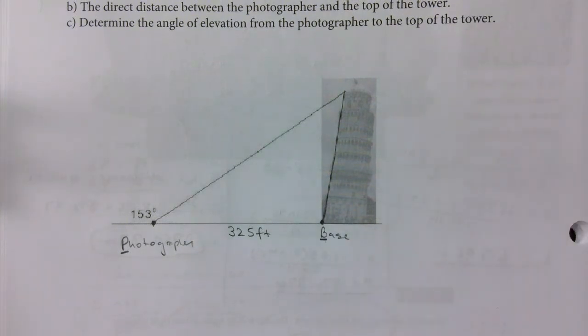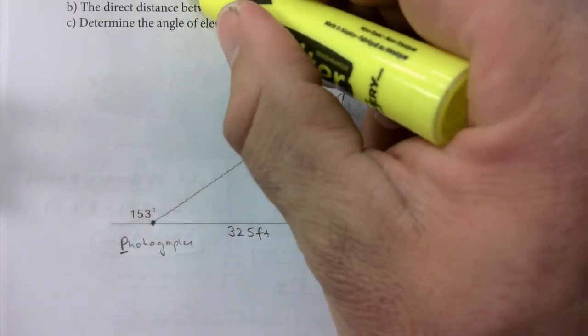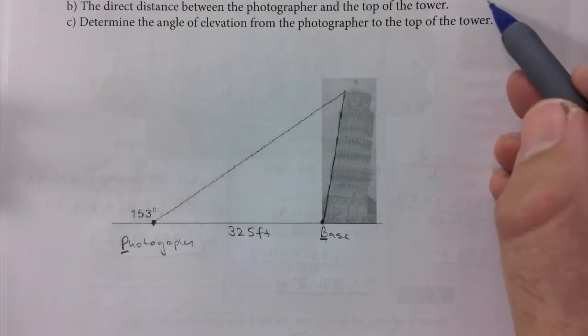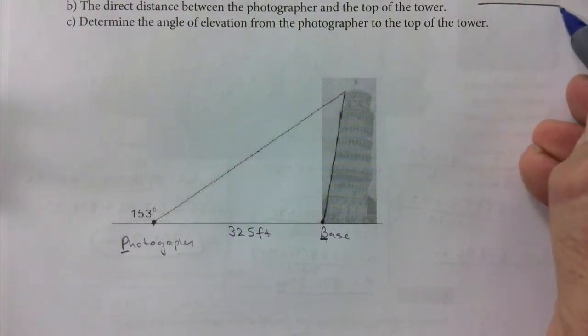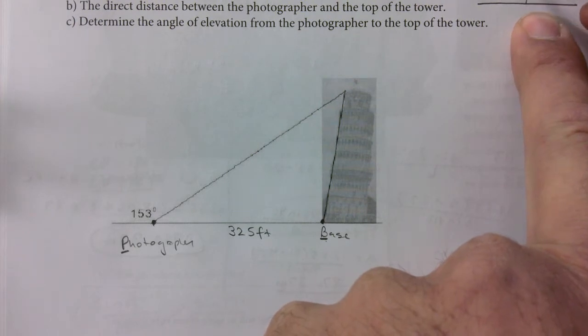Let's keep reading. The tower is leaning 10 degrees off the vertical. That one is complicated. That one threw a lot of students off. So what is the vertical? If you think of the ground like this, vertical goes straight up at a 90-degree angle.